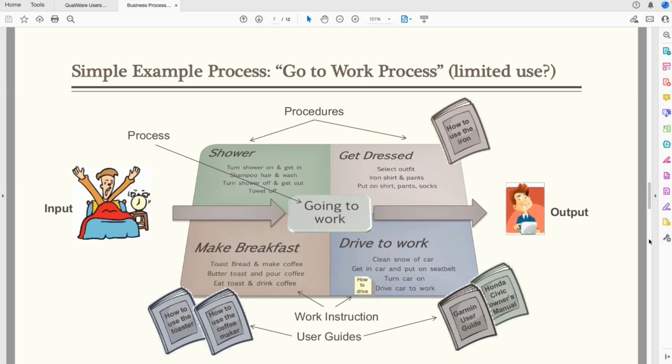Now, you may do things in different orders. You may make your breakfast, then go have a shower and get dressed, but you wouldn't get dressed, then have a shower. You see the point? So the high-level stuff is about putting the activities in the right order that makes sense to you in this case. And this is just an icebreaker. Let's go to the next slide.